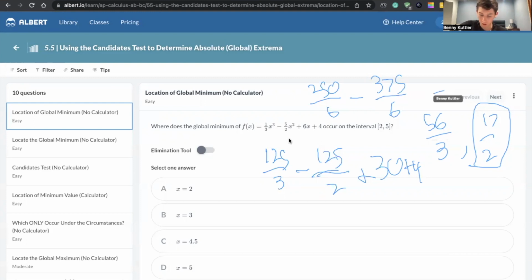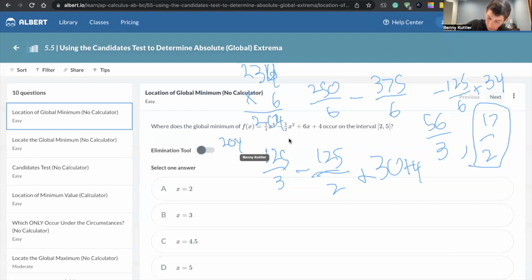So then we get negative 125 over 6 plus 34. And you could calculate this, but actually, you do need to calculate it. So 34 times 6, we're just going to use regular multiplication because we don't get to use a calculator. 204, and then we do 204 minus 125.